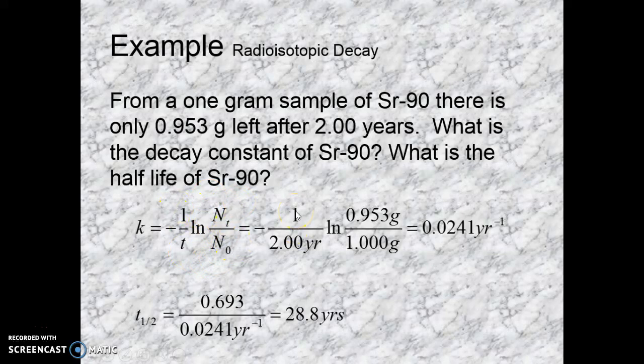Because we took that first equation and rearranged it, we find that the decay constant is 0.0241 years to the negative 1. Then we can plug it into the half-life equation, which is equal to 0.693 divided by the constant. You get 28.8 years.